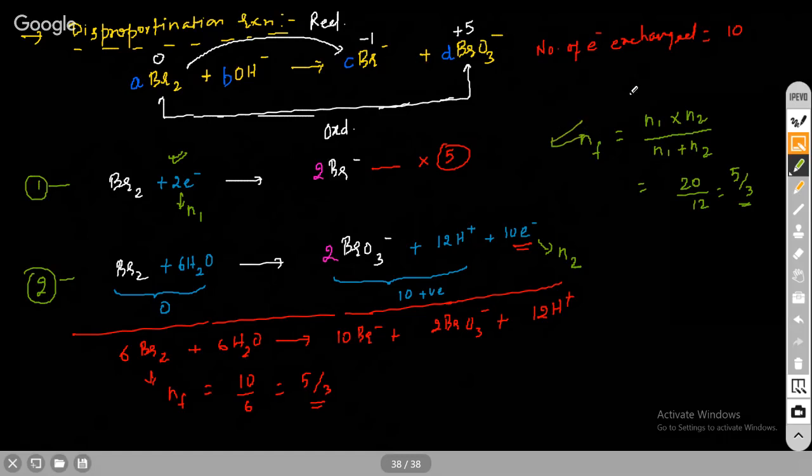This is the formula we can also apply to find the n factor. Is it clear?